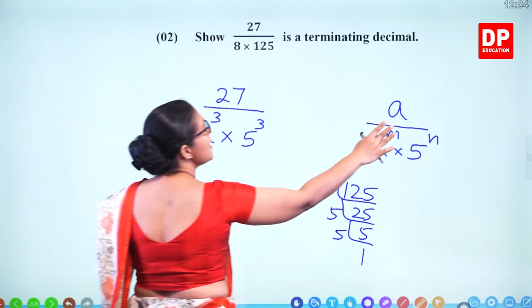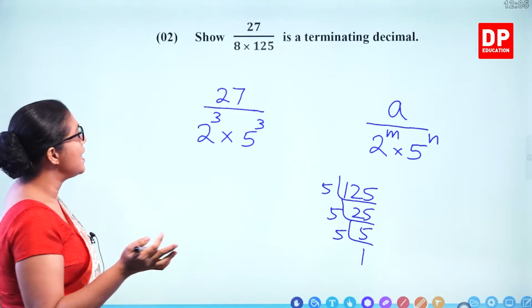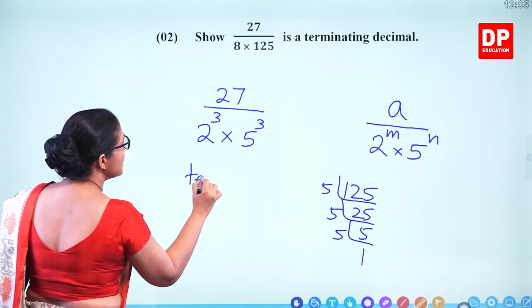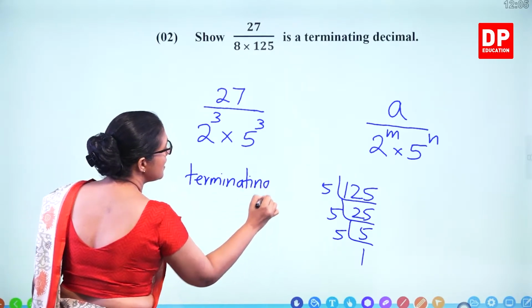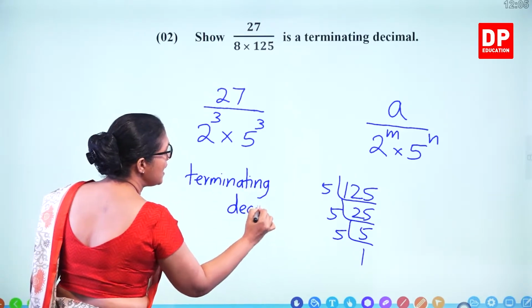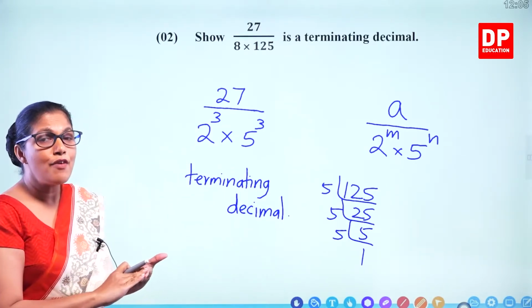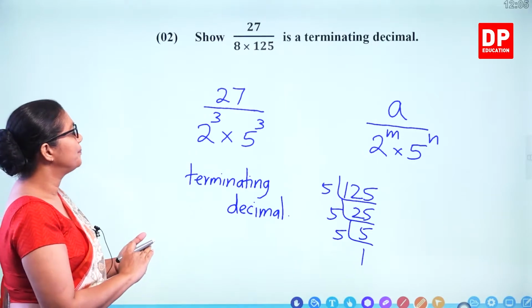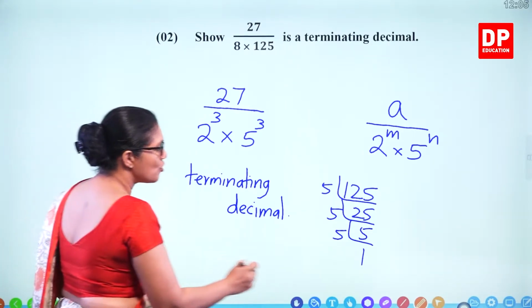Now you can see you get this form. So definitely this is a terminating decimal. Terminating decimal means you can write down the fraction without a recurring number. So you get 2 marks for that.